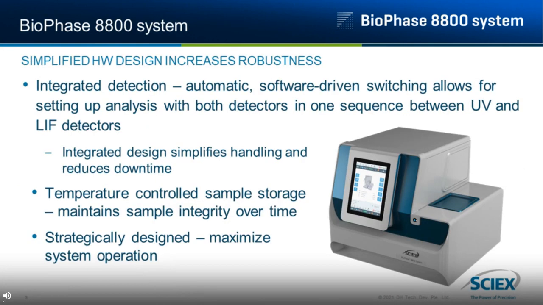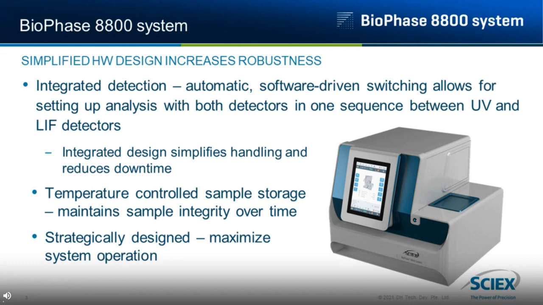The BioPhase 8800 system inherited many of the essential features on the existing PA 800 Plus platform, like the multi-modes of detection, the sample and capillary temperature control module, and the onboard pressure delivery system found in the existing system.